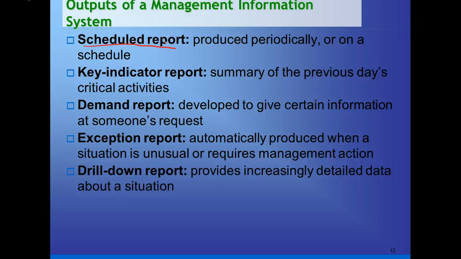For example, a manager could have a weekly report that shows the total sales in that week or the total payroll cost in that week. So this is a scheduled report, which is periodic. Next we have a key indicator report, which summarizes the previous day's critical activities, for example inventory levels, or production activity, or sales volume. All these are indicators of the previous day.